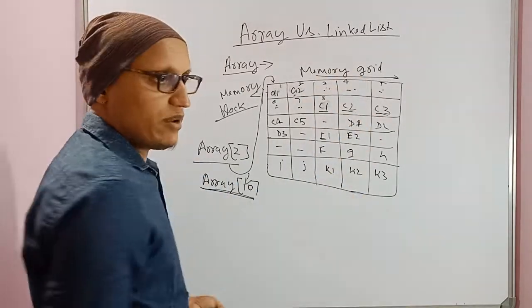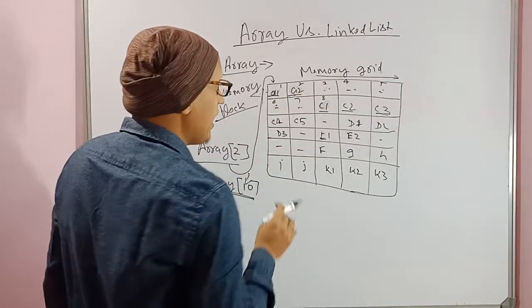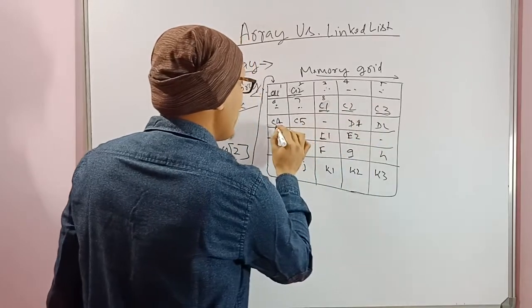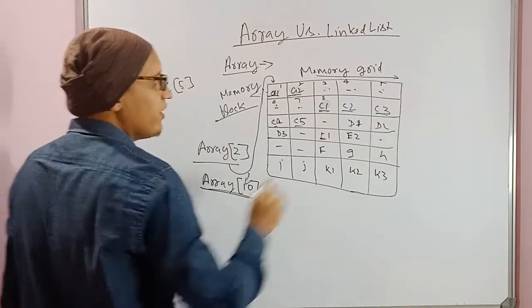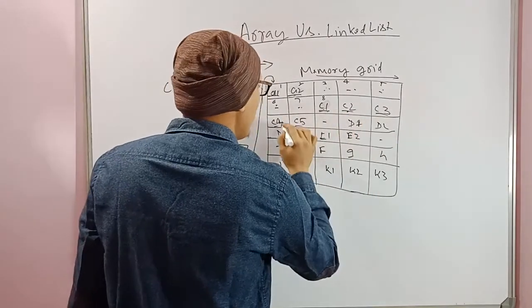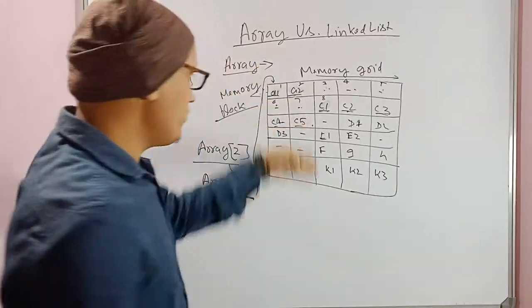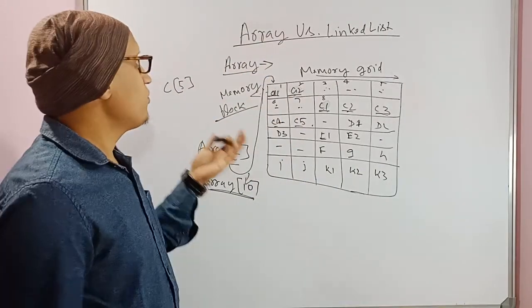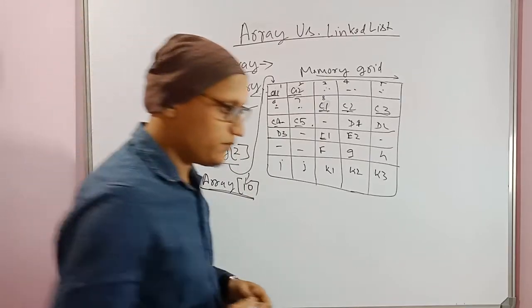C also represents one array of size 5, which has allocated 1, 2, 3, 4, 5. In this way memory is occupied by an array. This is all about the basics of array. Let's talk about linked list.